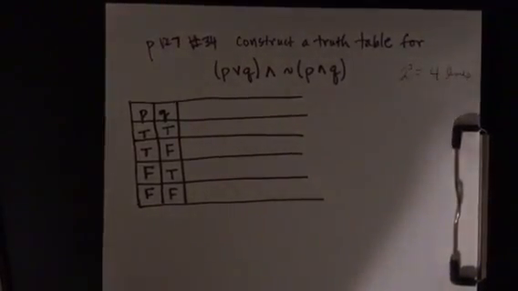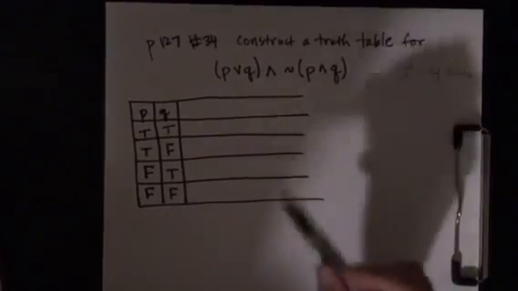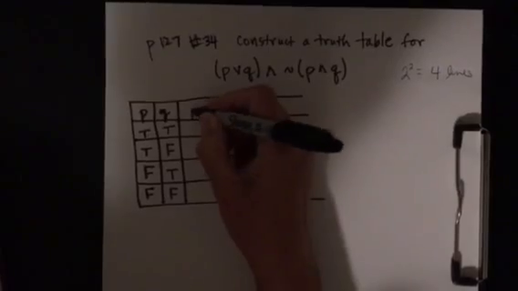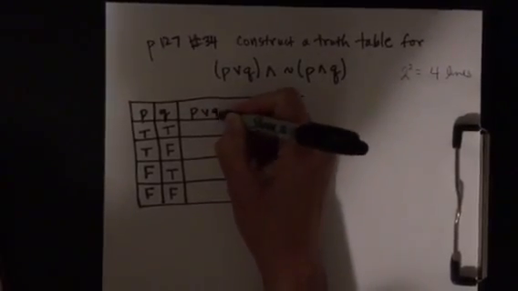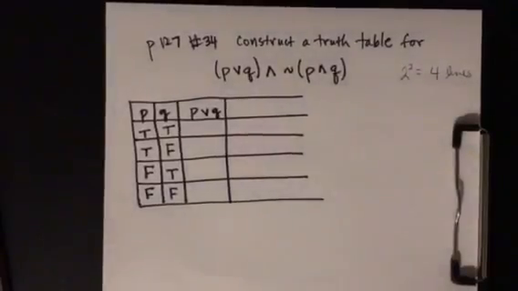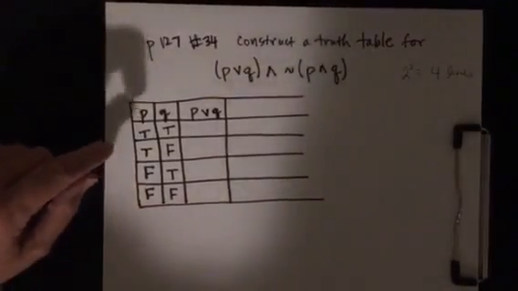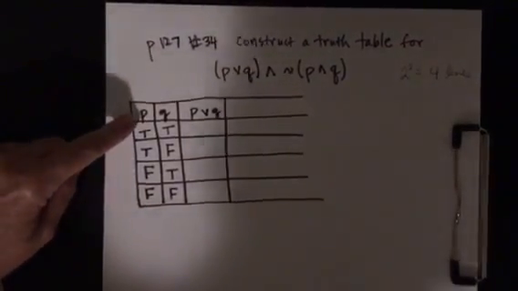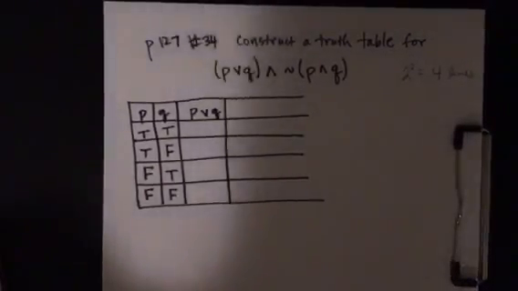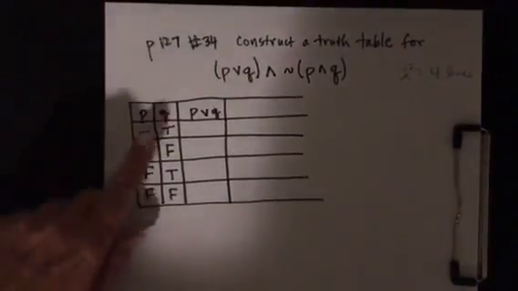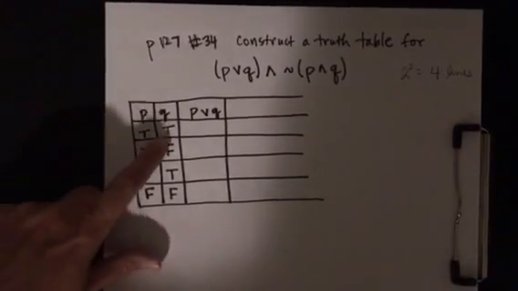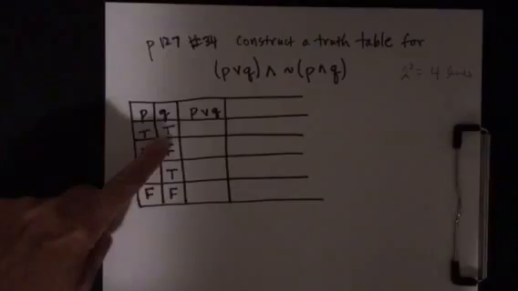So I'm looking at my statement I need to build. I'm going to go after the first set of parentheses here, P or Q. And if you remember in class, this was where I used the statements. Let P be, we will go to Blue Bayou, and Q is, we will go to the movies. So if P is true, we went to Blue Bayou, and if Q is true, we went to the movies.